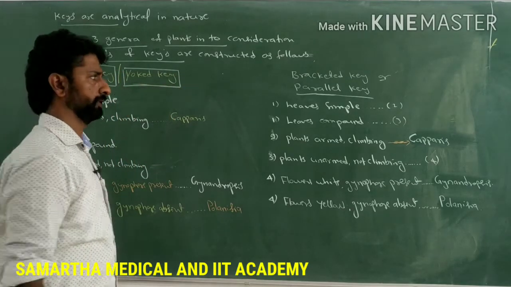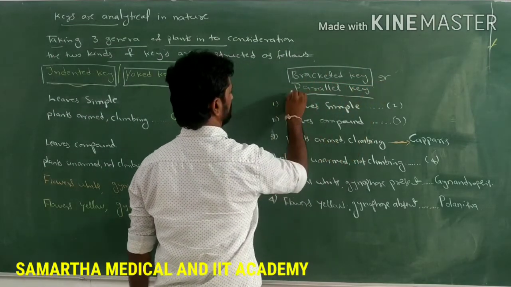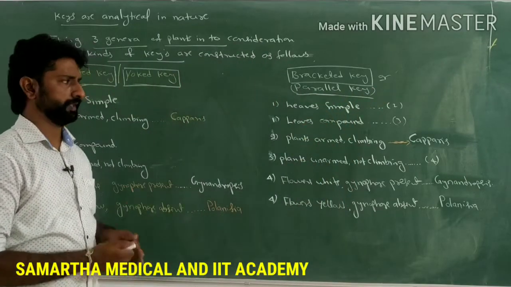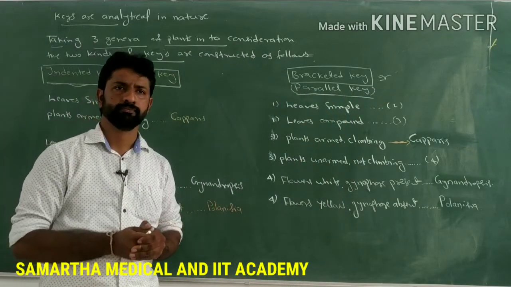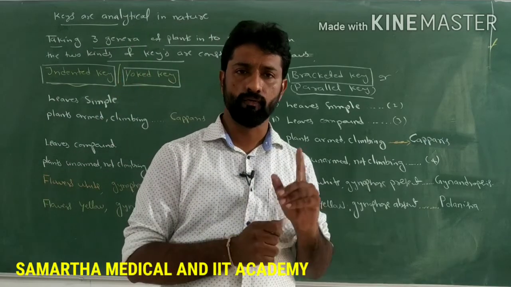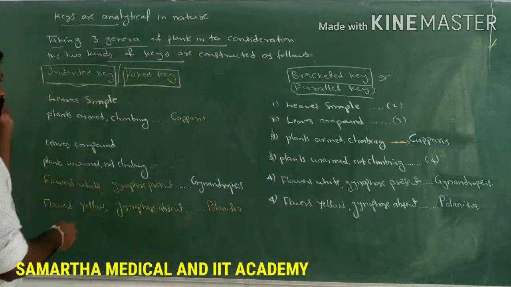The second type is the bracketed key, also called the parallel key. Let's understand how a key is made and how it leads to the selection of one lead in a couplet.